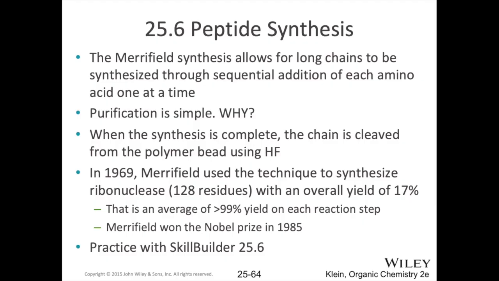Here, with something with 128 residues, you're able to get a yield of 17%. That sounds low, but keep in mind, 128 residues is a lot of residues, so that's a really good yield on each step. This was good enough to get Merrifield the Nobel Prize.